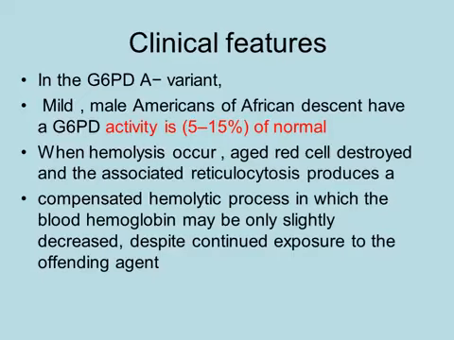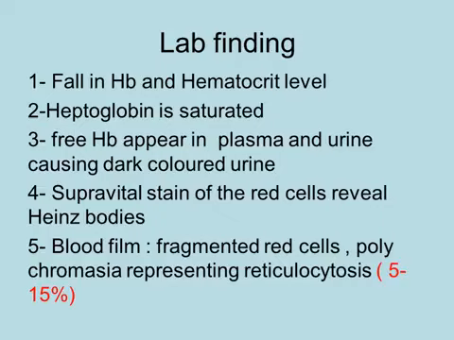It is seen in male Americans of African descent in whom the G6PD activity is 5 to 15% of normal. Here, when hemolysis occurs, the aged red cells are destroyed, and the associated reticulocytosis produces a compensated hemolytic process in which the blood hemoglobin is only slightly decreased despite continued exposure to the offending agent.